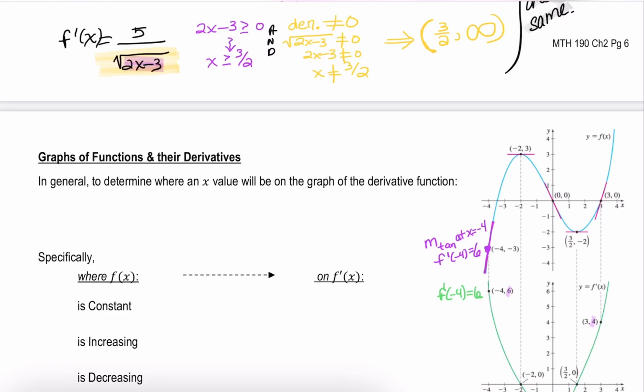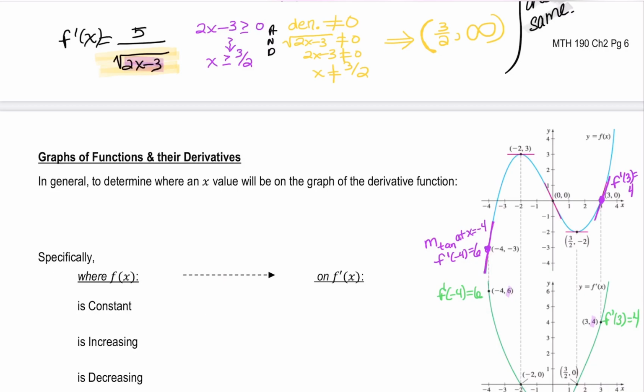If I look more closely at this slope at 3, this is saying f prime of 3 is equal to 4. Well, that is exactly saying that when I graph my derivative function, f prime, at 3, we're located at 4. So that's the relationship.